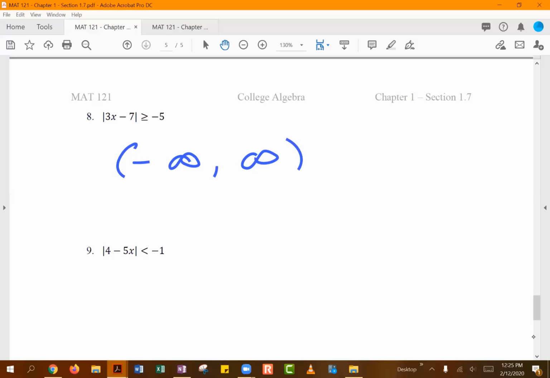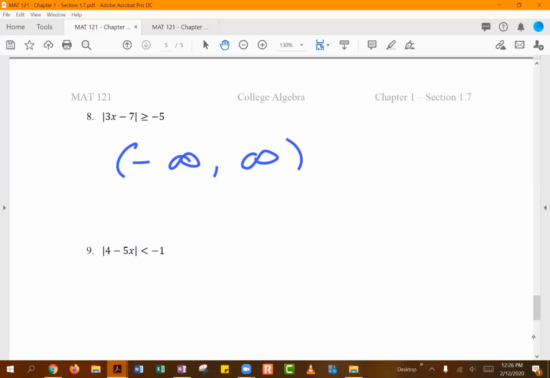So you can't actually solve this one. You cannot set it up as the two parts just because of that right-hand side having a -5. But we know all distances will be greater than -5. And that's why we can have all real numbers. Let's say I plug in a number for x here as -100. -100 times 3 is -300.